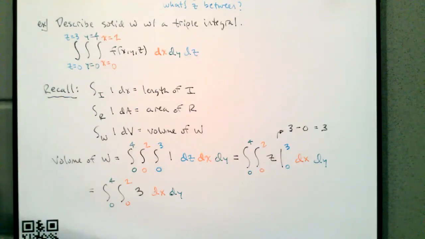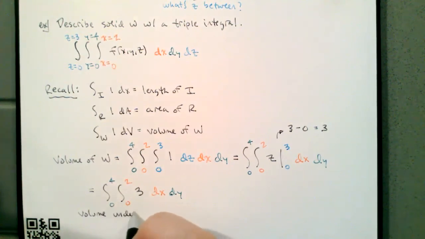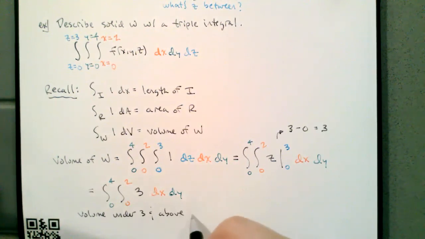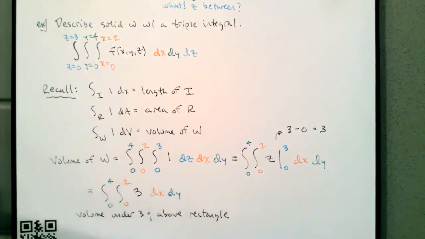So looking at this as a double integral, it's the volume under the 3 and above the rectangle. Our triple integral just led right to a double integral.